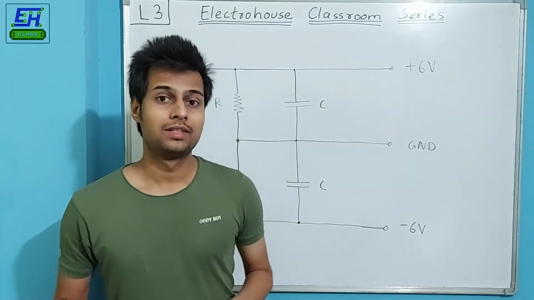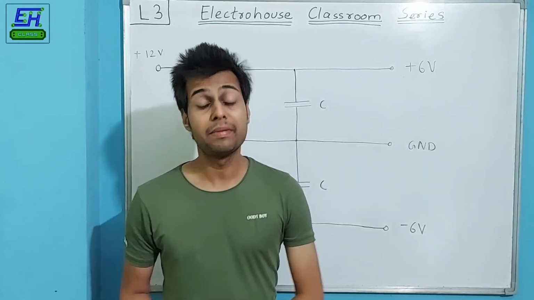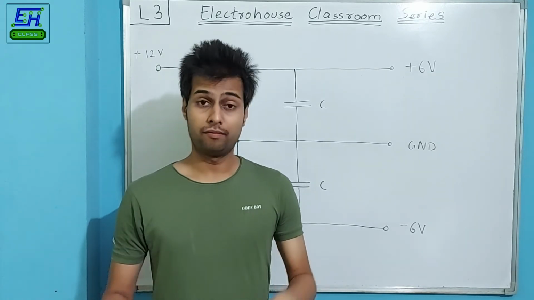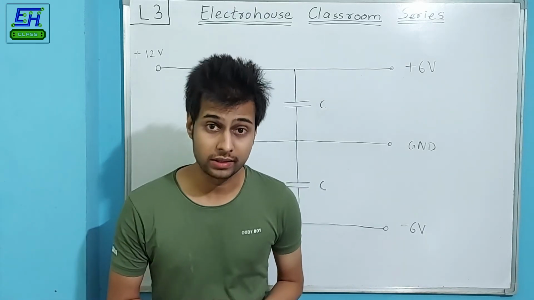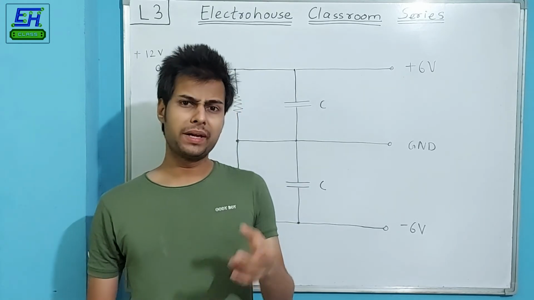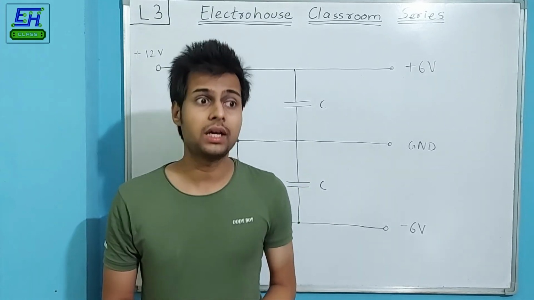dual power supply. See, mostly electronics work well with single power supplies, but there are many cases where we require special negative voltages. And the best example of this is none other than the operational amplifiers. Operational amplifiers, you can search for them, are said to be the basic computational elements.